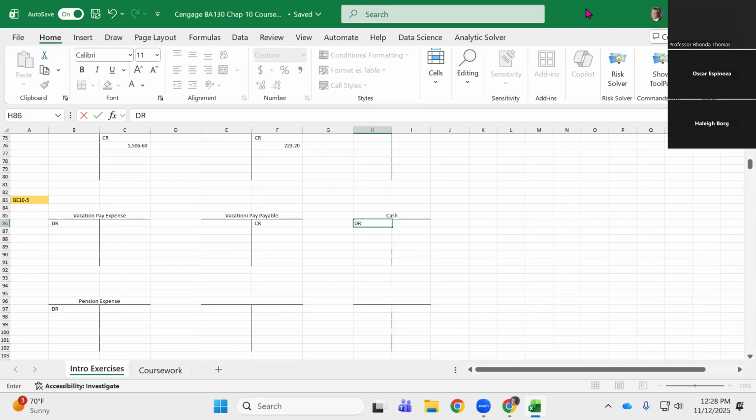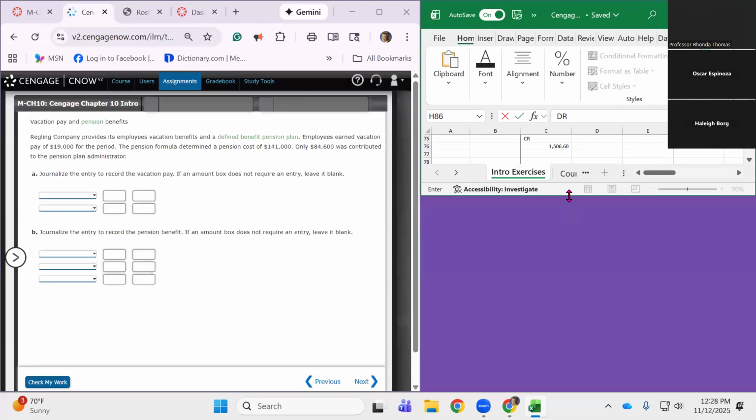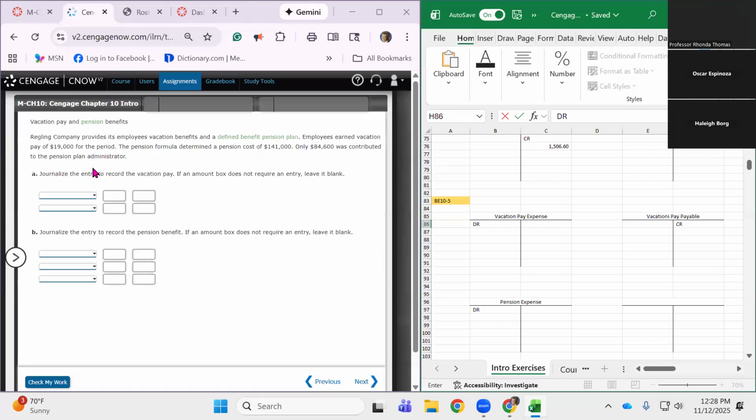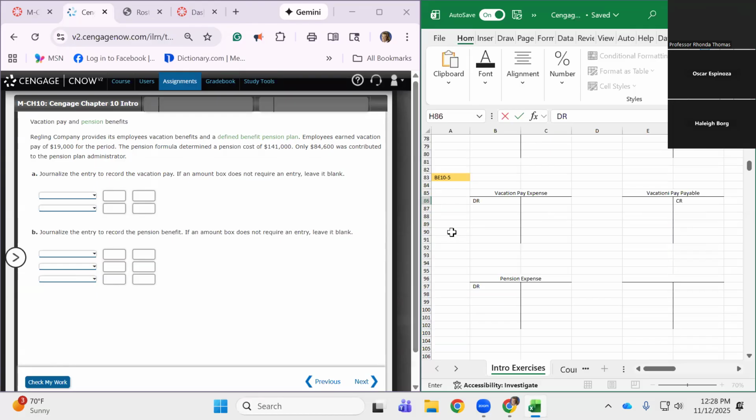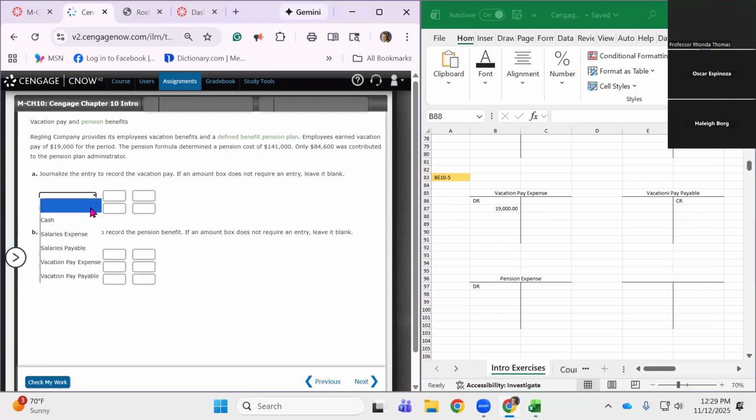All right, so let's do the first one. The first one is an entry for vacation expense. It says they earned vacation pay of $19,000 for the period, so we're going to put $19,000 in here as an expense, vacation pay expense, and we're going to put it in the payable. Now, when they say they've earned it, that doesn't mean that they're taking the vacation pay.